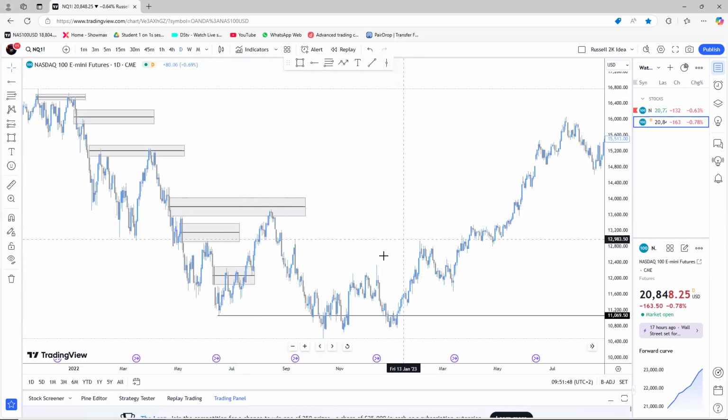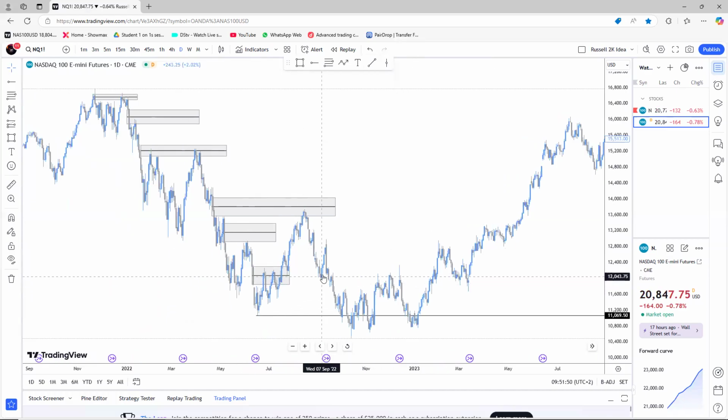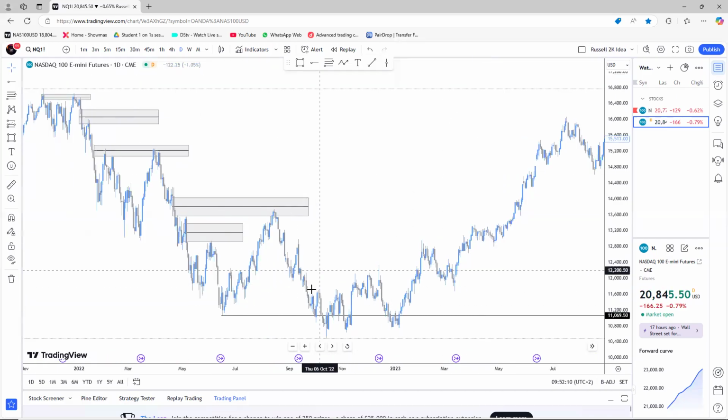So okay, fine. We want to know, when does the market actually show you that it is done with the selling movement? When is it changing direction? How to find when the market is actually changing direction. I'm actually going to do that in the other sessions.